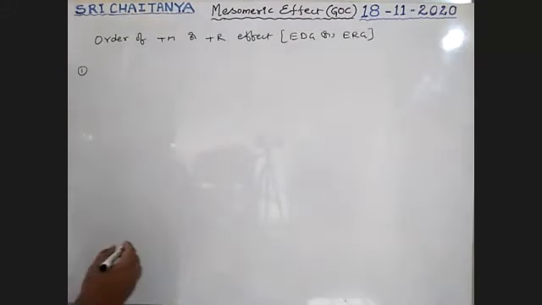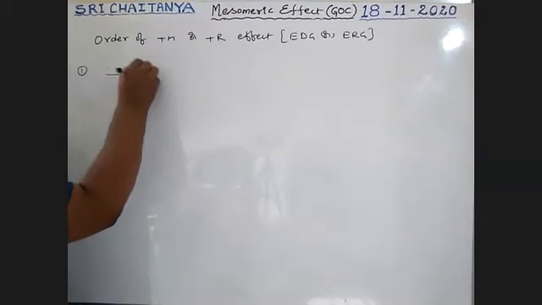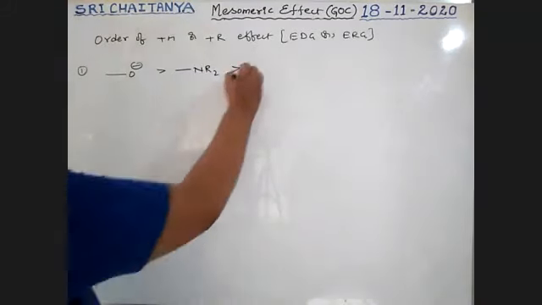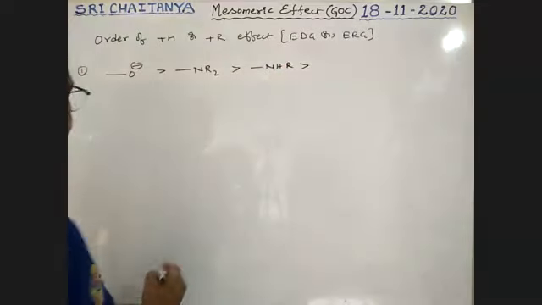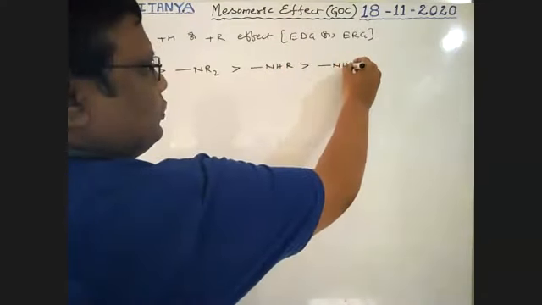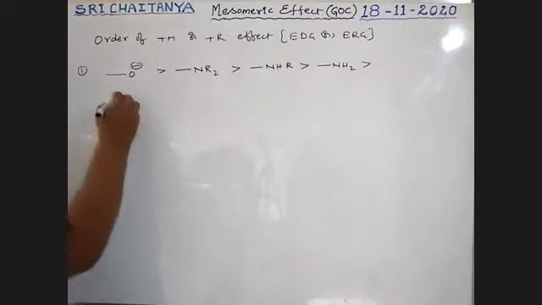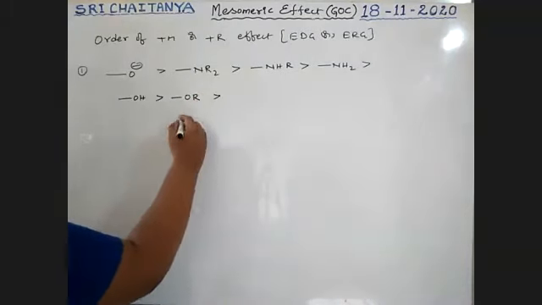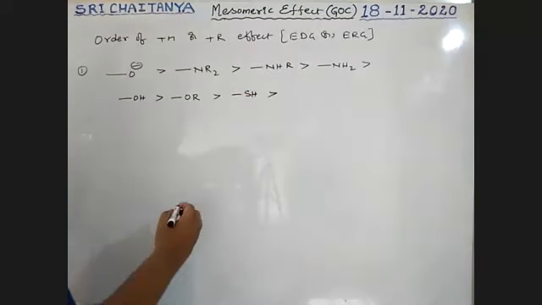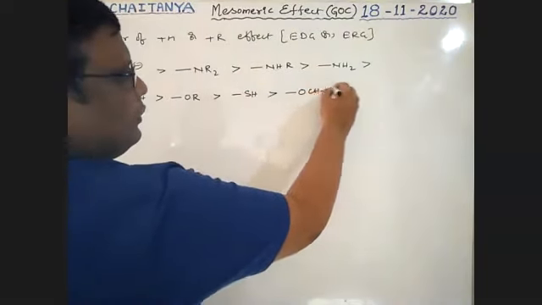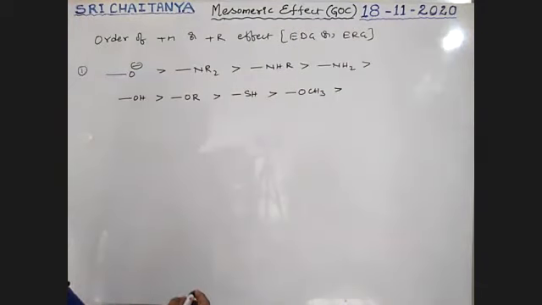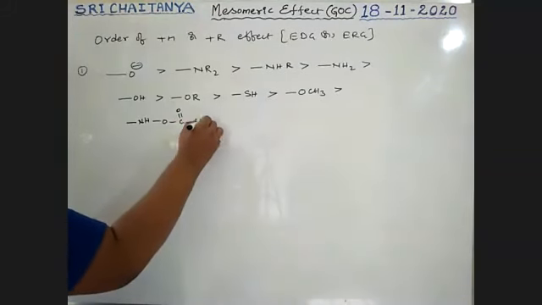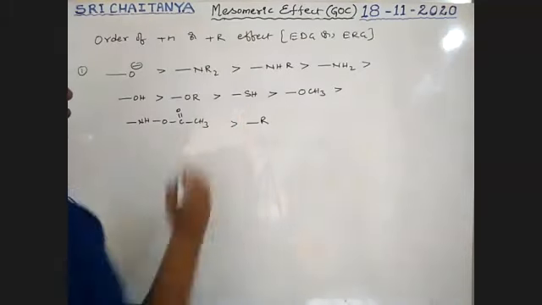First one: O minus greater than NR2 greater than NHR greater than NH2 greater than OH greater than OR greater than SH greater than OCH3 greater than NHCOCH3 greater than R, alkyl group.